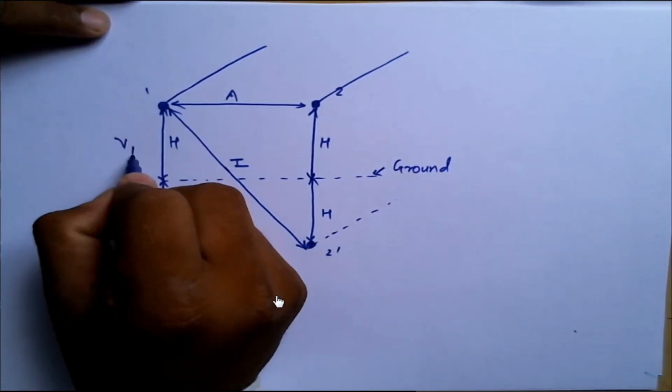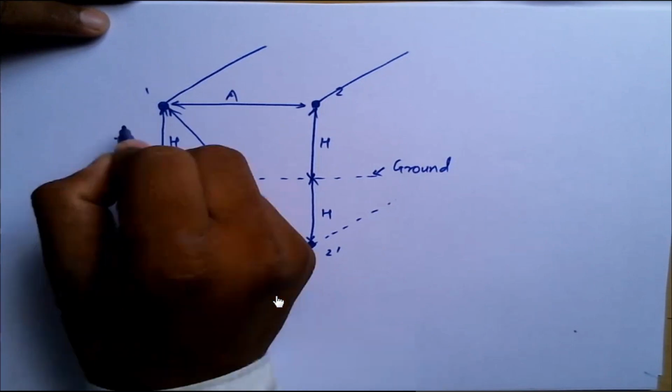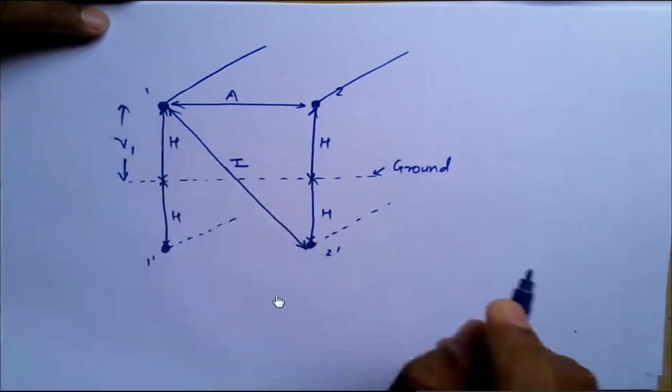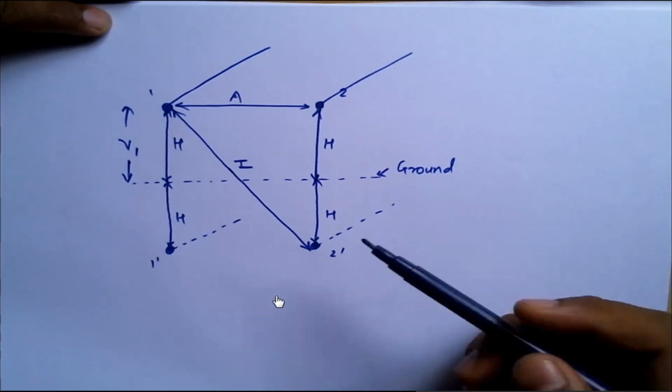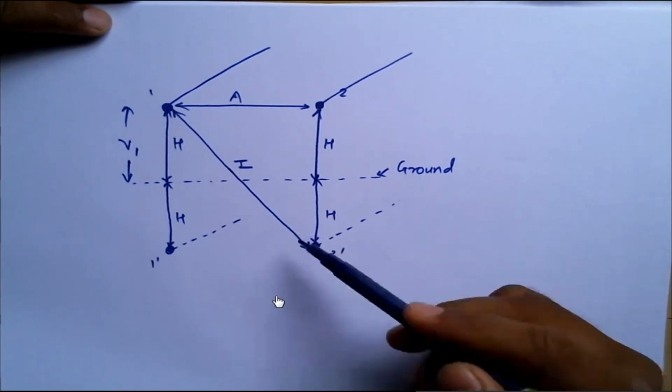We will consider V1 is nothing but the potential difference between this conductor and ground. So this is nothing but the particular transmission line in practice above the ground plane, and its effect is taken into account by placing its images below the ground.